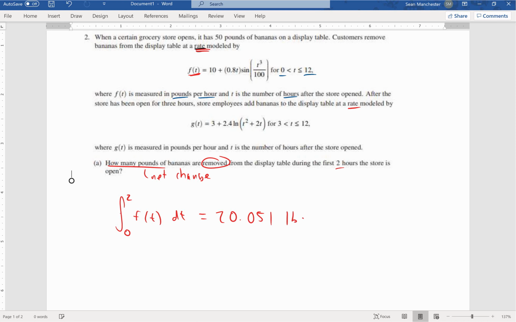If we want to indicate units, this is pounds of bananas that have been removed. They don't ask us to interpret it since the question gave us the interpretation. This is the number of pounds of bananas that are removed from the shelf in the first 2 hours that the store is open. Okay, so the first part's really simple and straightforward.